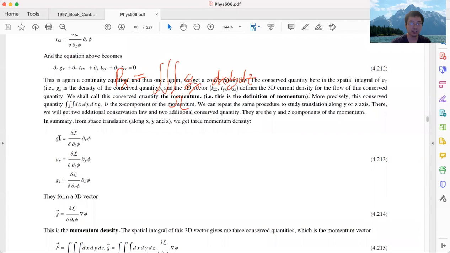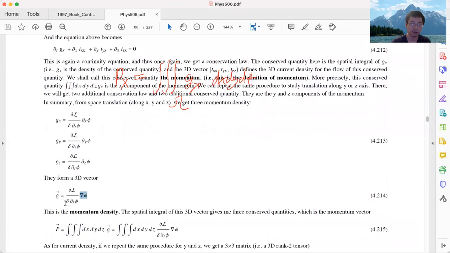And we can combine gx, gy, gz together as a 3D vector. And that means this derivative, partial x, partial y, partial z, we combine them together as a 3D gradient. Gradient is a vector, so 3D vector equals 3D vector. This is the momentum density for a continuous system.